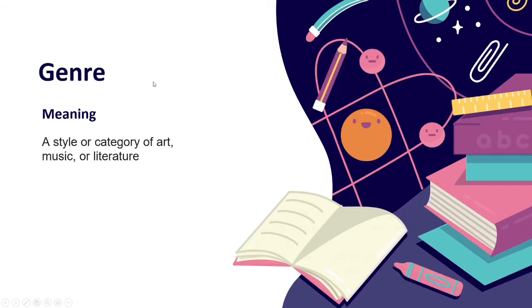Next, genre. Meaning, a style or category of art, music or literature. Okay, so apabila kita sebut tentang art, seni, music, literature merujuk kepada buku-buku. So, dia ada kategorinya. Apakah kategori? Apakah jenis buku-buku tersebut?